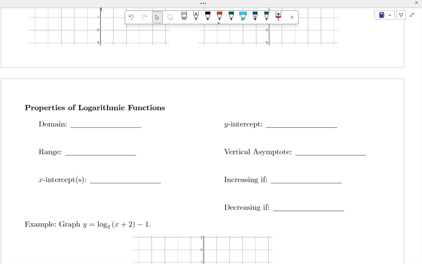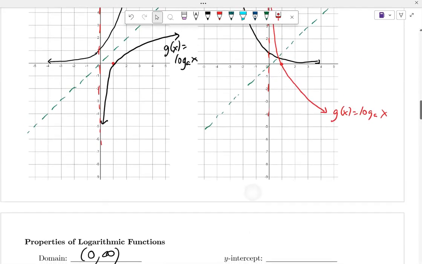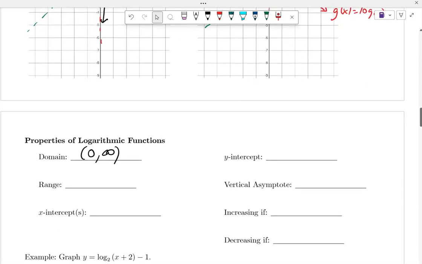So the range is going to be 0 to infinity, right? So that's going to be our domain for our log function. And notice that's what we see on the graph, isn't it? It doesn't go to the left of the y-axis at all. Okay? What about your range for the log function? That should be the domain of the exponential, which is going to be negative infinity to infinity. And again, we see that on the graph.